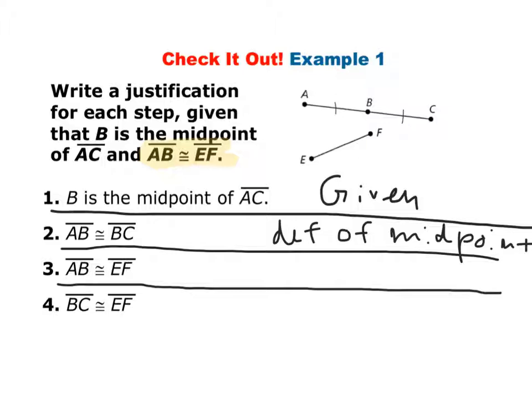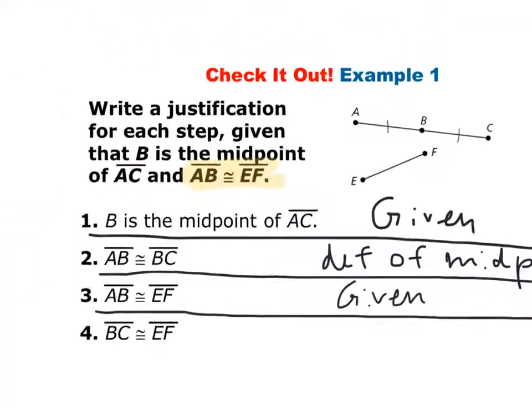So the reason for this one would be given. Usually, sometimes you can list the two givens, if it gives you two givens, or if it gives you more than one, you can list them both in step 1, but this one just listed it in step 3 to help you visualize it better.